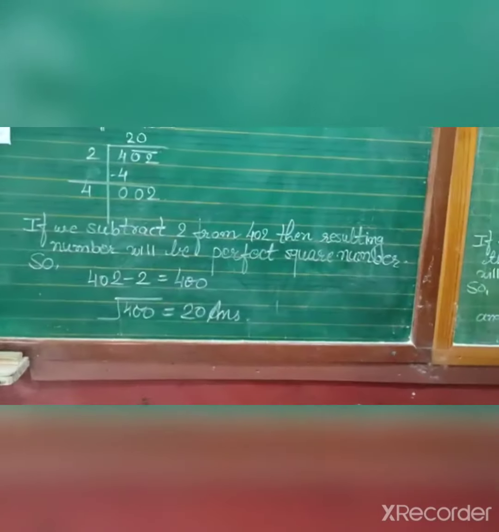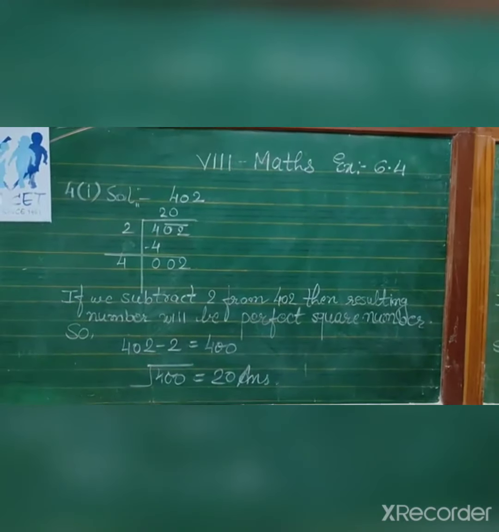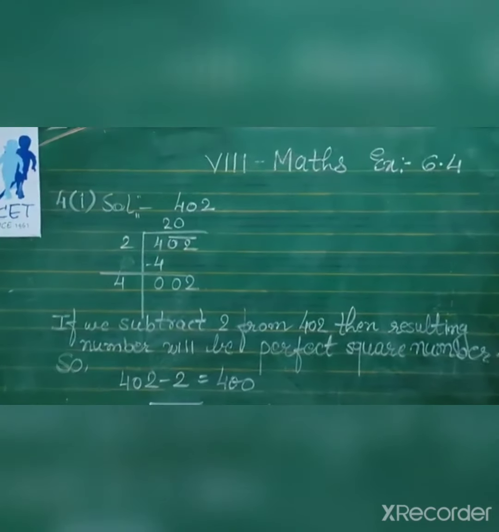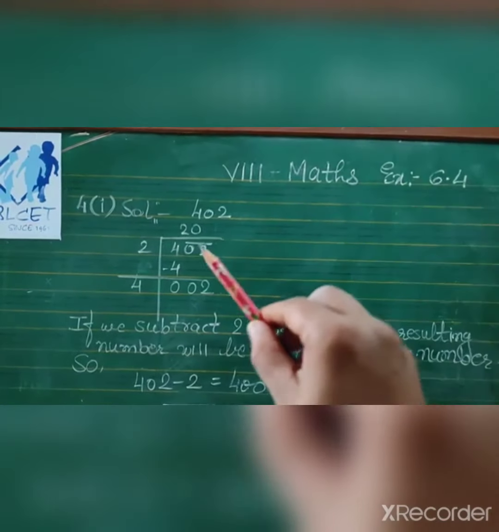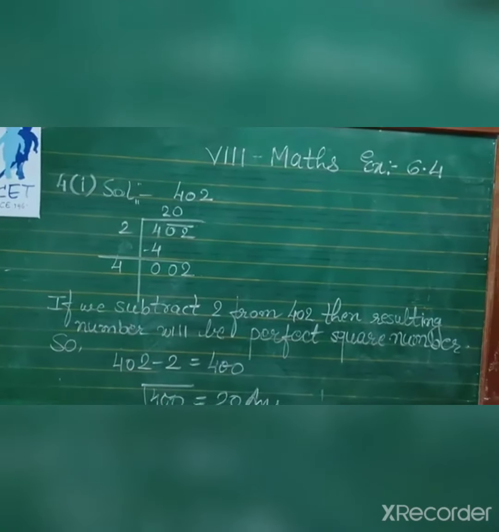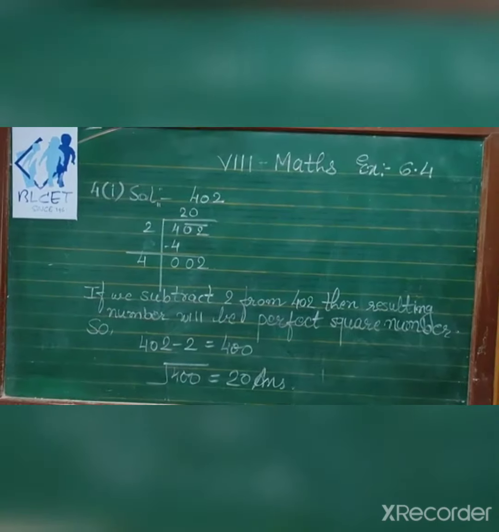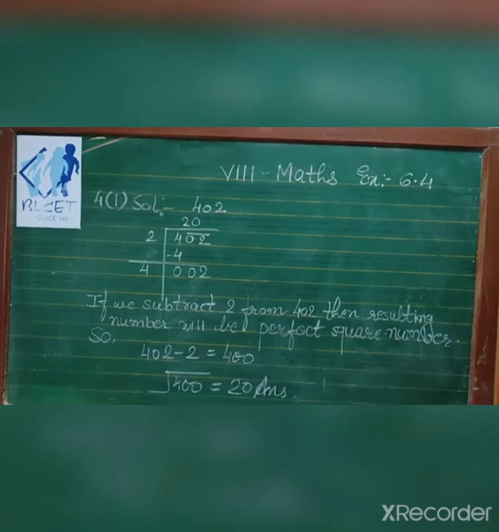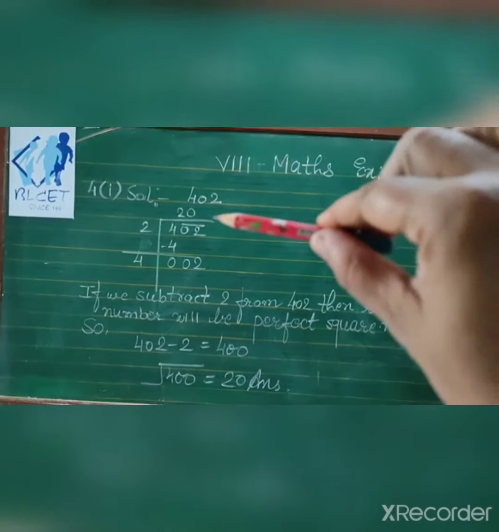Okay. Now you can see here the number given first is 402 and you can see the bar here. So 2 2s are 4 and 1 2 you will keep in your mind, and that 2 and 2 you will add, so 24. When you bring down the pair 02, only 2 will be there and division is not possible, so you will write here 0.